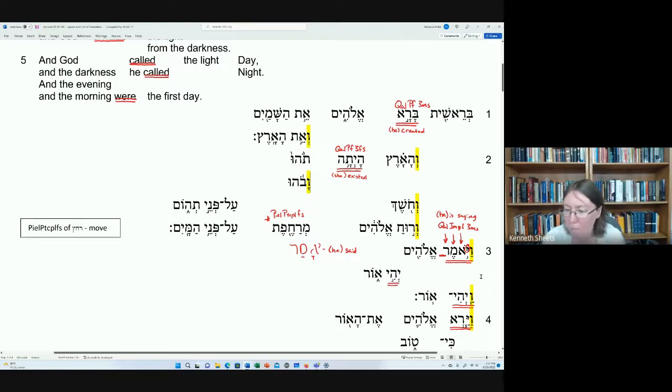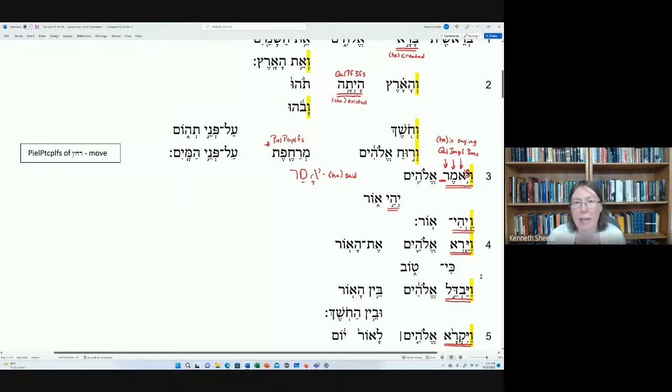There's one part of this verb that we have not addressed yet, and that is this right here. That wow on the front. Wow with a patach followed by another dot, and that particular dot is the Dagesh forte.